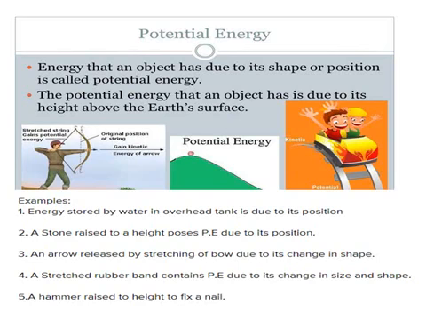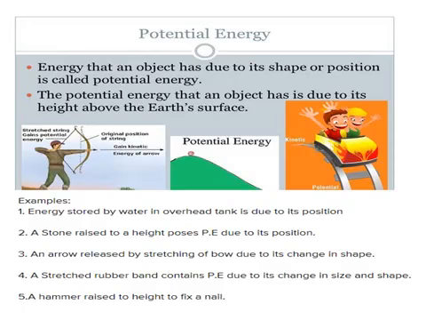So let us take up some examples. You see some examples are also given for potential energy. Energy stored by water in an overhead tank is due to its position. So this is also an example of potential energy. A stone raised to a height possesses potential energy due to its position.